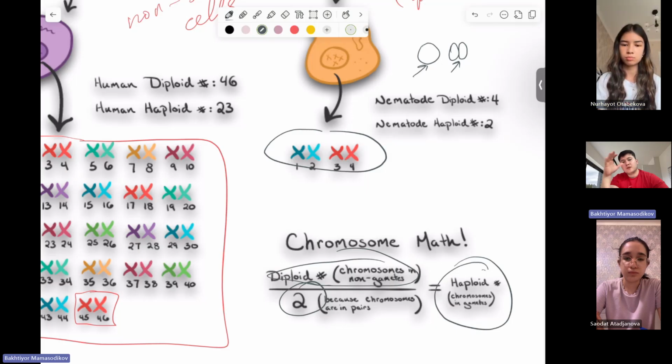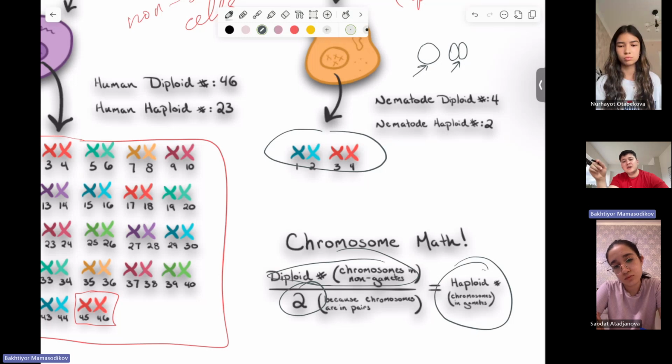Imagine an analogy: each cell in your body has a complete instruction manual with 46 pages. But in your gametes, for example the egg cell or the sperm cell, they only carry half of that, only 23 pages.